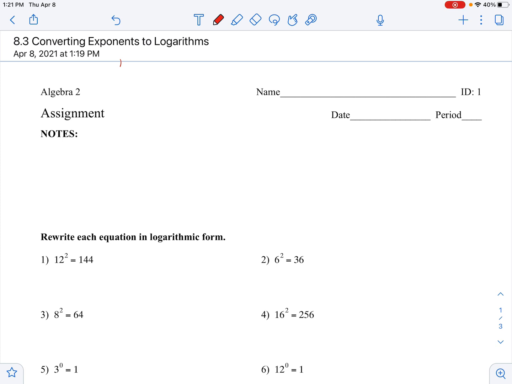If you recall, we've been doing some percent change problems, which means we were finding the new balance after the principal, and it was 1 plus or minus the rate divided by the number of times we compound it, raised to the nt. So this is what we've been using for a few days.